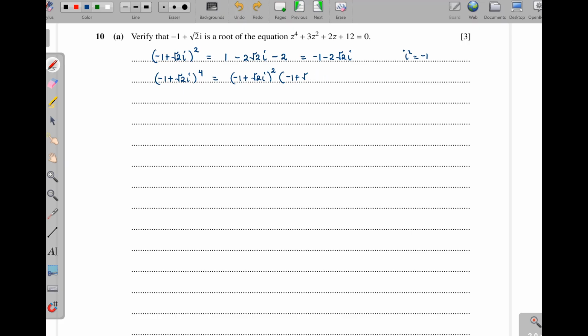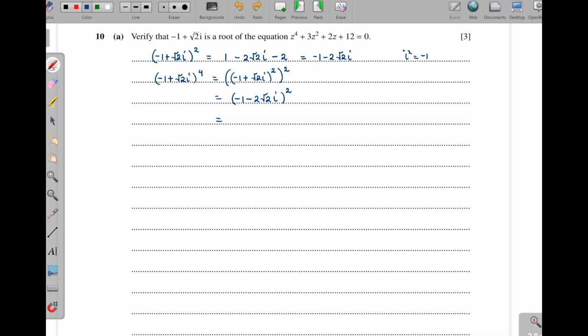Or in other words, I can say this one here squared, but this one is here, so I will say negative 1 minus 2 root 2i, and then after that I will square that.